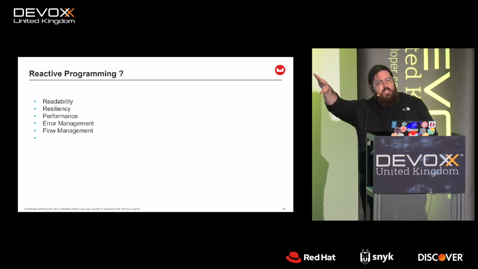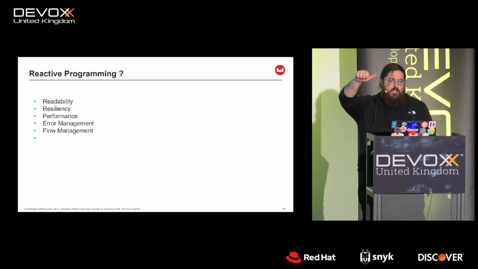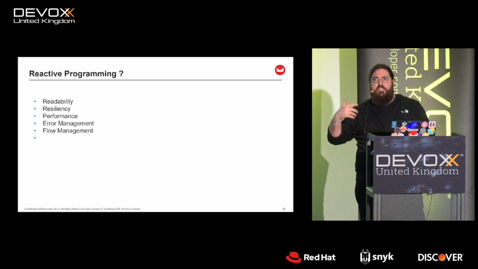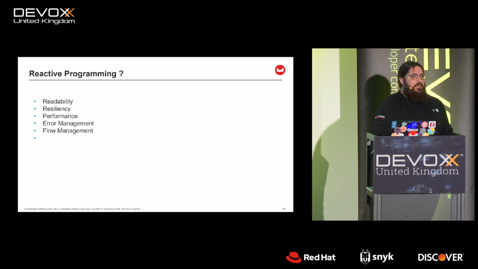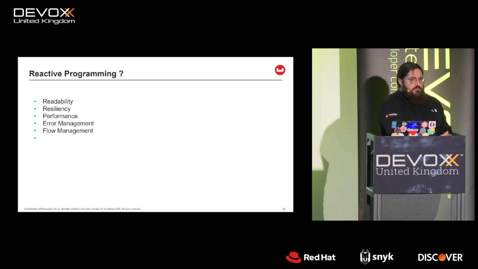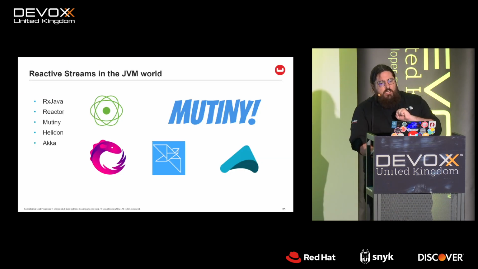We'll talk about it later. So in a nutshell, reactive programming is great for readability. That's my favorite argument. It's great to build resilience because you react if something happens. It's great for performance because you don't have the worst restaurant story. You don't have waiters that are just being paid to wait and not do anything substantial. It's great for error management, for flow management. That's the back pressure story. We'll talk more about this a bit later.